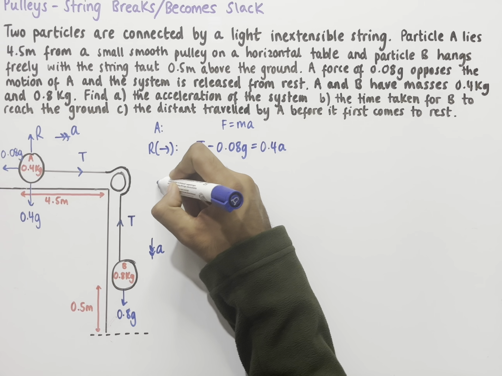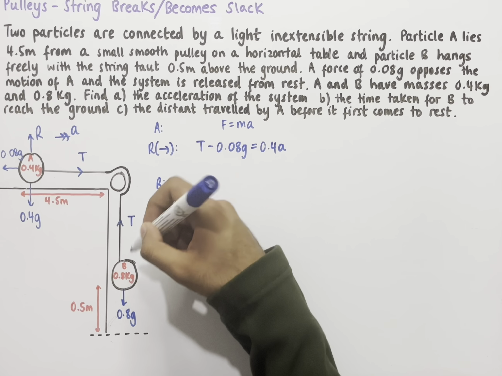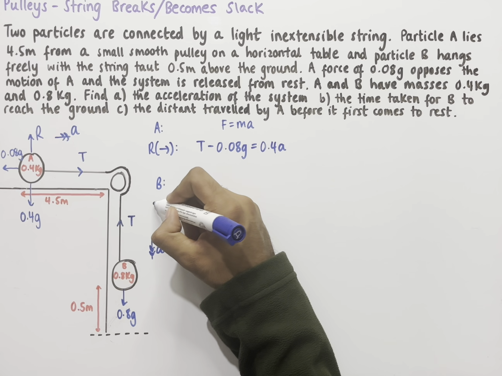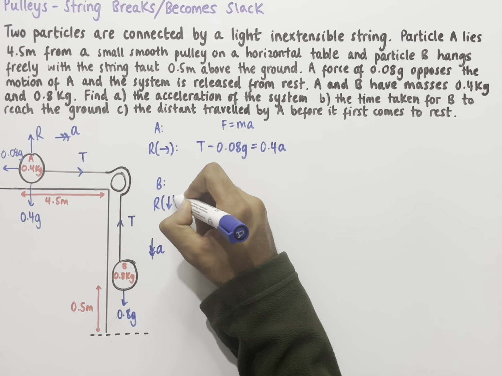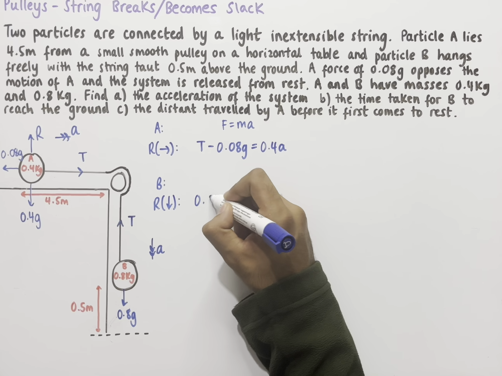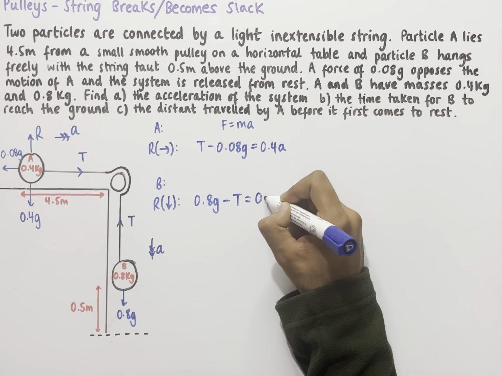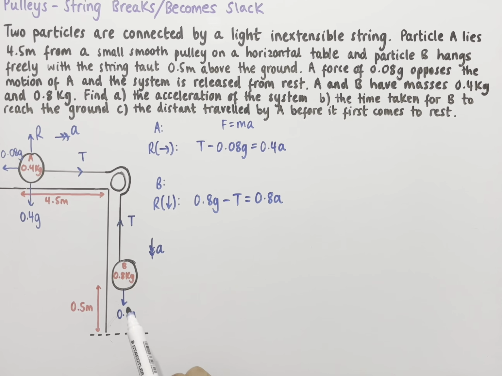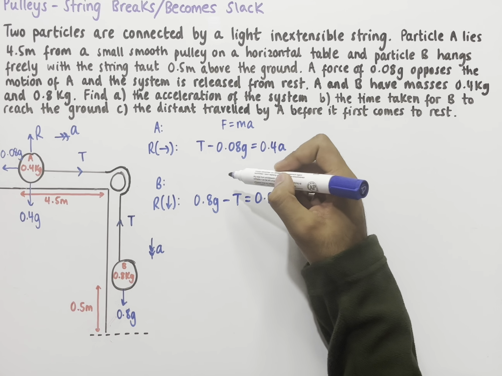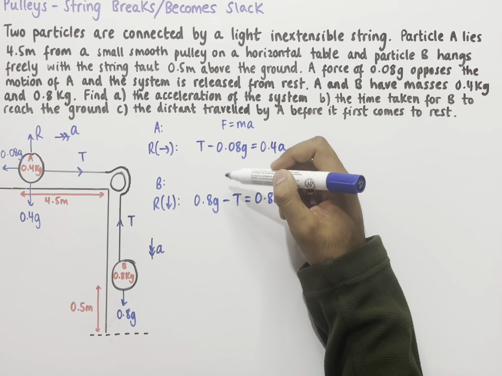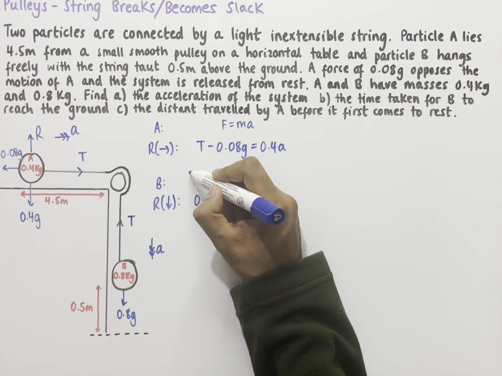Now if we resolve forces for B, we know that the particle moves downwards, and so resolving downwards, we have that 0.8 g minus T equals 0.8 a, again using F equals ma. And so we have simultaneous equations here which we can solve by adding the two equations together.